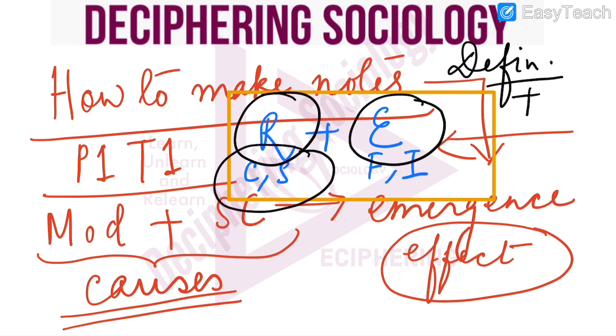Same goes for commercial and scientific revolution and French and industrial revolution. Okay, so when you have written these down, then you will filter those features which helped in the growth of sociology.